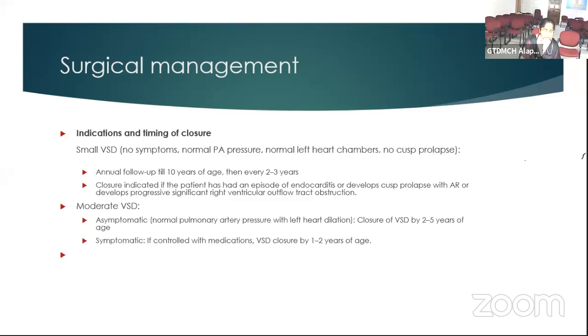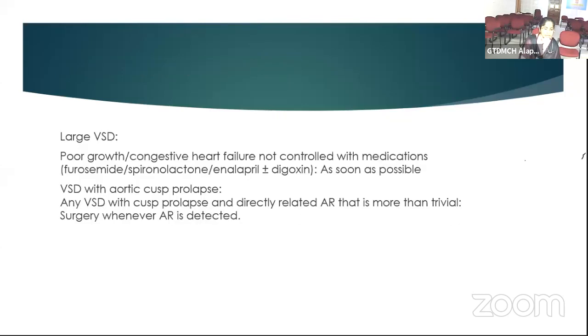If it is asymptomatic, then closure of VSD is done by 2 to 5 years of age. If symptoms are controlled with medication, VSD closure by 1 to 2 years of age. If symptoms are not controlled with medication, then immediate closure should be done. Large VSD, if there is poor growth, CCF not controlled with medications, closure as soon as possible.